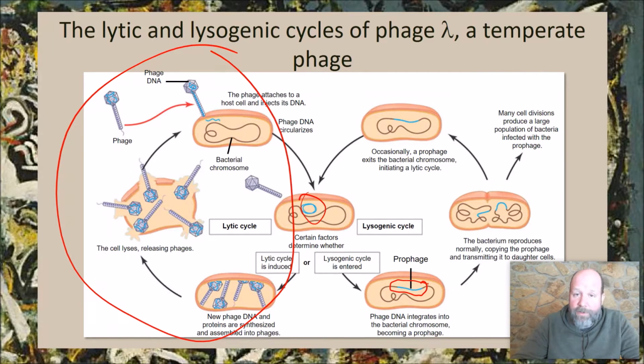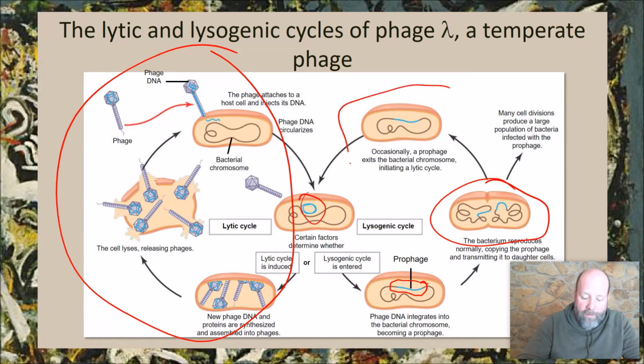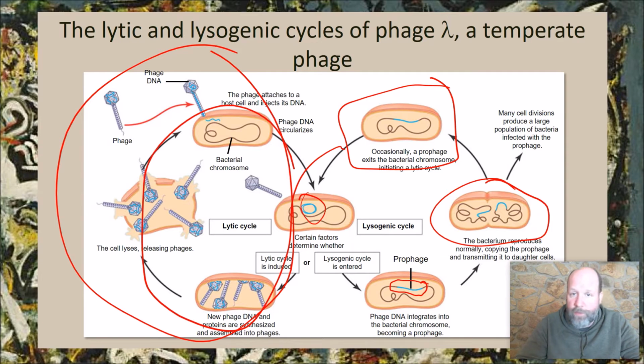This will be copied when the cell goes through binary fission, or in the case of eukaryotes, mitosis. It'll get copied, it'll get transmitted to the daughter cells. They will all have that. And then some signal occurs that tells this virus, hey, it's time to be active. And it will switch over and do the lytic cycle again. So lysogenic, it just basically is sleeping in the genome, just hanging out there waiting for the right conditions.